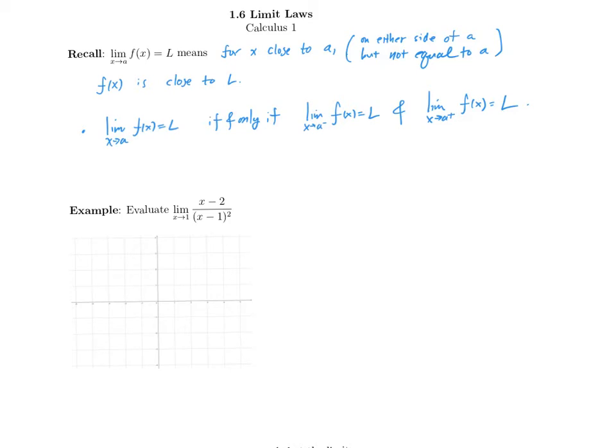Before jumping into our limit laws, which really is the main topic of discussion, I want to look at an example we could have done at the end of the previous section. In this case, we have a limit as x approaches 1 of what we might call a rational function, the polynomial x minus 2, divided by the polynomial x minus 1 squared.